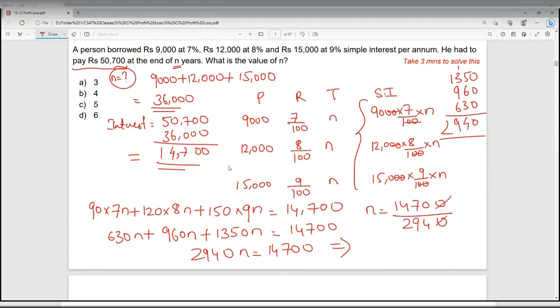so it cancels out, and this is close to 300, I think, 300 into 5 is 1,500.